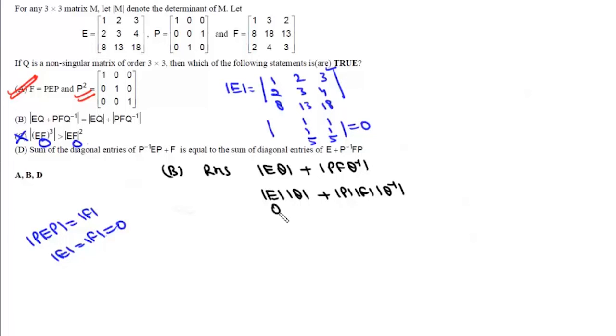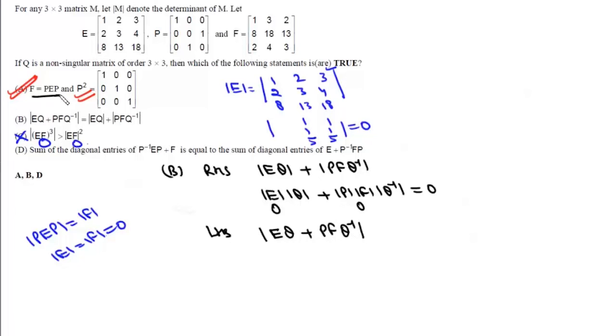Now for this B, if we look at this right hand side, it is determinant of EQ plus determinant of PFQ inverse. Now this is determinant of E into determinant of Q, and this is determinant of P into determinant of F into determinant of Q inverse. Now determinant of E is 0 and determinant of F is 0, which means this right hand side is 0. Now if we look at its left hand side, it is determinant of EQ plus PFQ inverse.